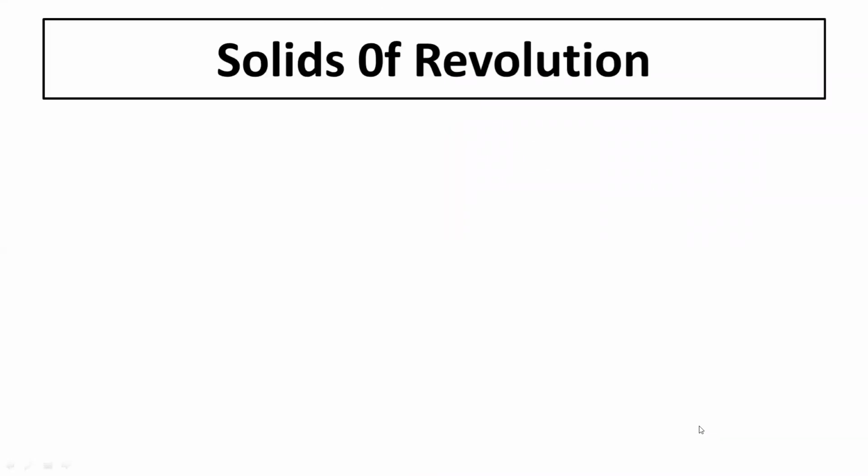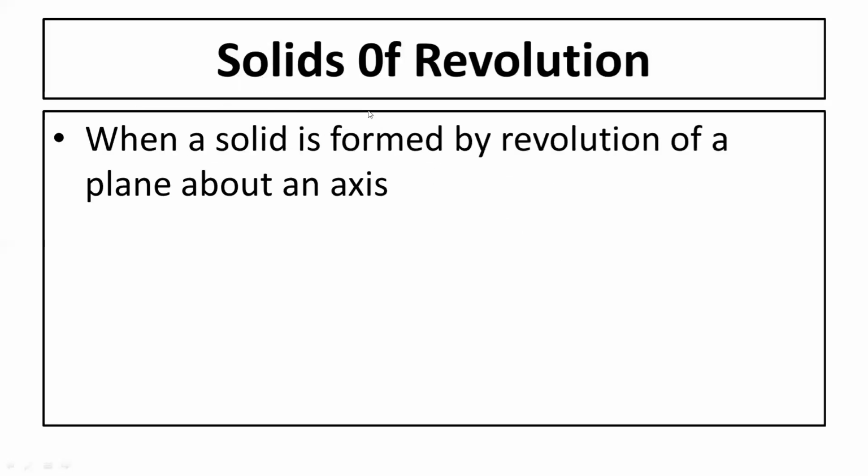Now the next major type of solid. The first one was the polyhedron, and the second is the solid by revolution. So what is a solid by revolution? You can observe here, when a solid is formed by the revolution of a plane or a polygon about an axis, then that solid is called a solid by revolution.